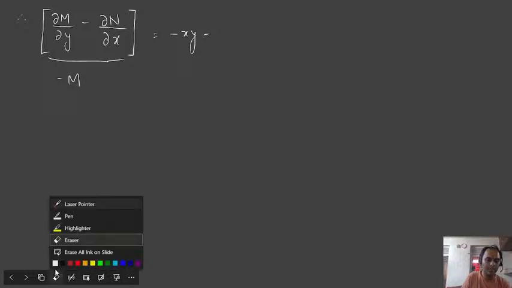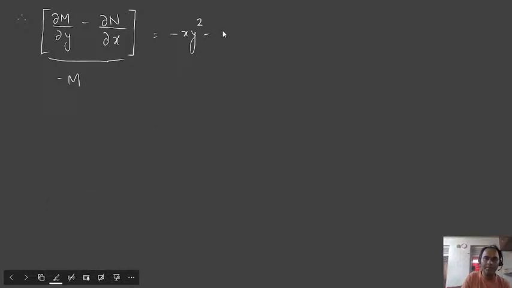So therefore, the partial of M with respect to y minus the partial of N with respect to x, divided by minus M. What do we get here? We will get minus xy square minus 1 divided by, what is M?